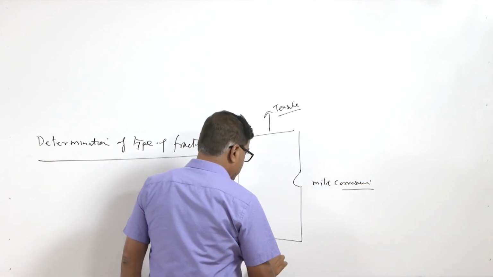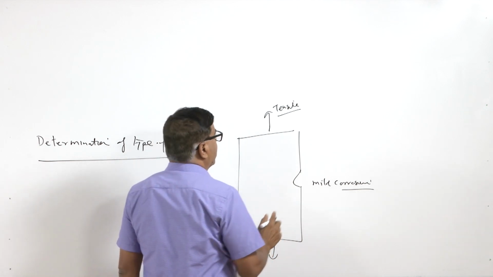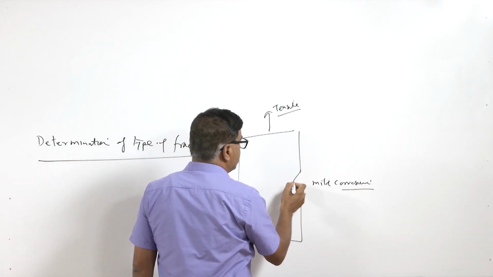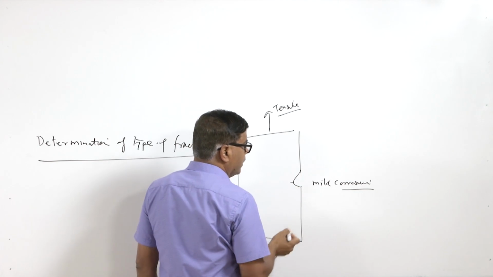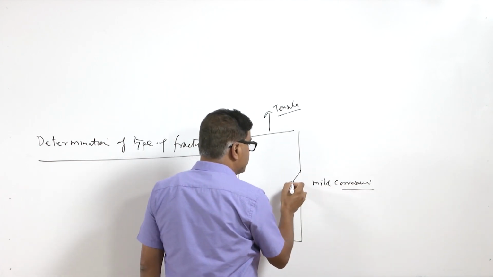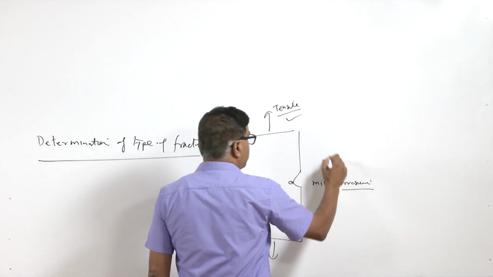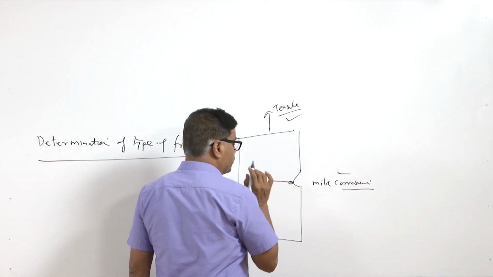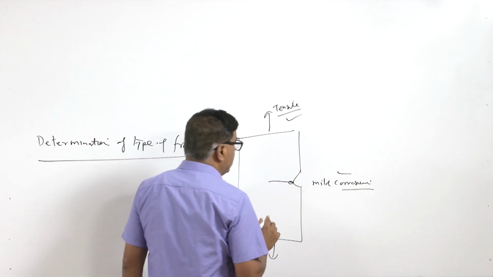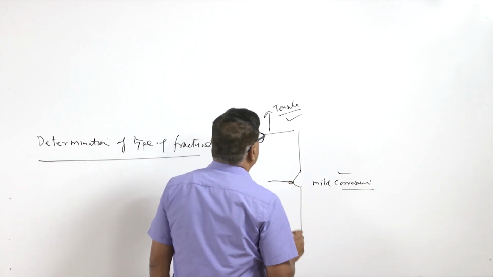Under these conditions, in the presence of any crack, the tensile stresses will facilitate the growth of the crack, and the corrosion attack will also facilitate the growth of the crack. But when both are present, the rate of crack growth is very fast.